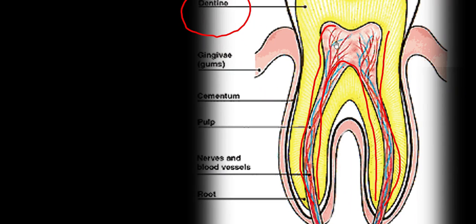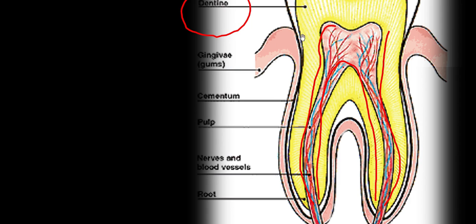The dentin again surrounds a soft mass cavity called the pulp cavity, and this pulp cavity is a soft part of the tooth which consists of blood vessels and nerve fibers. And this is the root part, the root of the teeth. Here the opening from where the blood vessels enter the pulp cavity is the apical foramen.